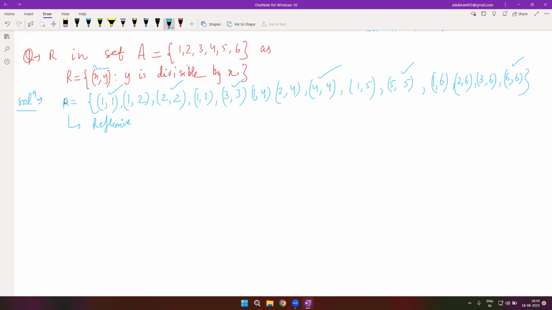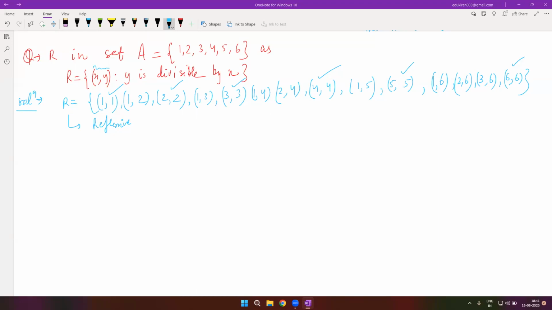They will be reflexive as well as symmetric as well as transitive. They won't create an issue. So you need to check other pairs now. If 1, 2 is there, 2, 1 has to be there. So is it symmetric? No, sir. No, right? Okay, Austin. Yeah, correct. It is not symmetric.